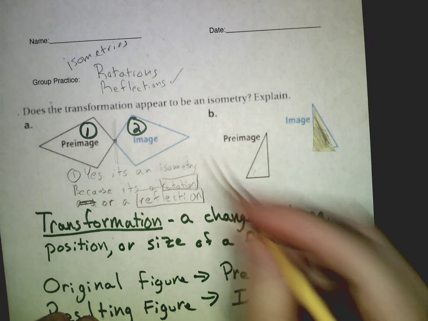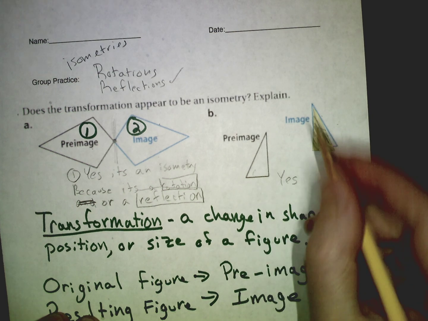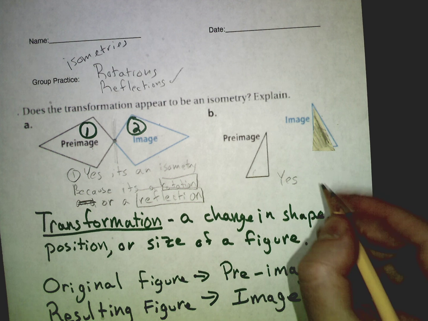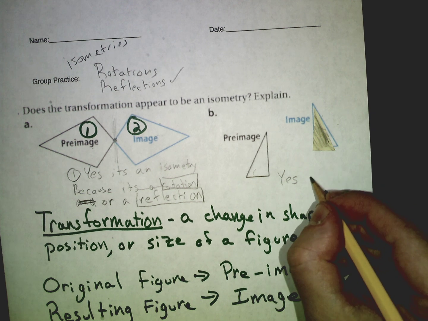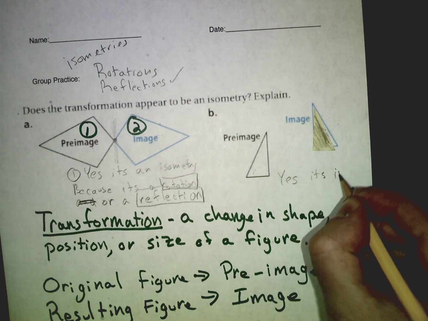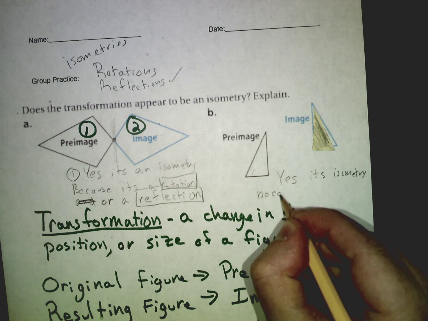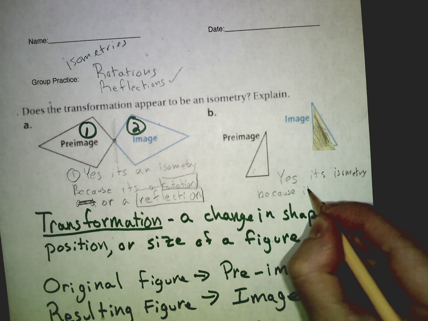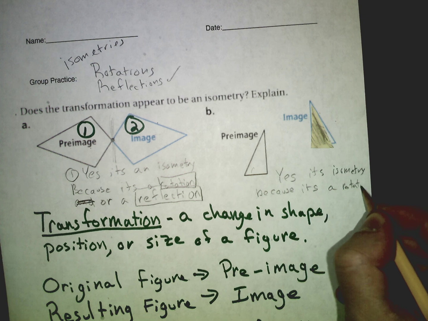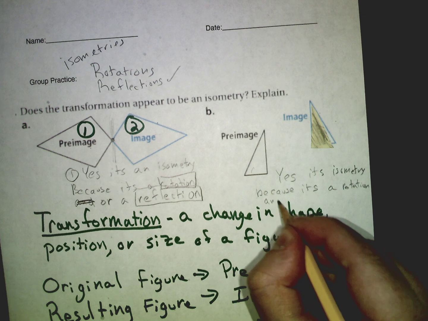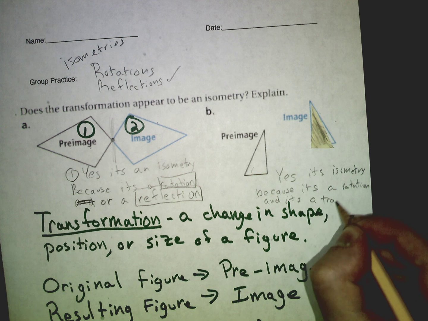That, my friends, is what we call a translation. So yes, it's an isometry because it's a reflection, we already know that, and it's a translation.